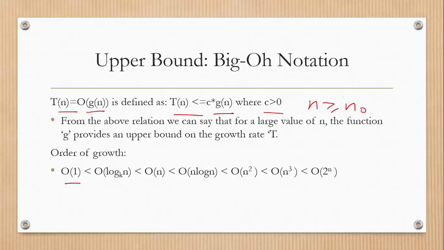For example, one algorithm has complexity big O of 1, another has big O of log n, then linear complexity, then n log n, then square, then cube, and then exponential. As we move in this direction, complexity will increase. So any algorithm having time complexity n square will be better than another algorithm having time complexity 2 raised to power n.